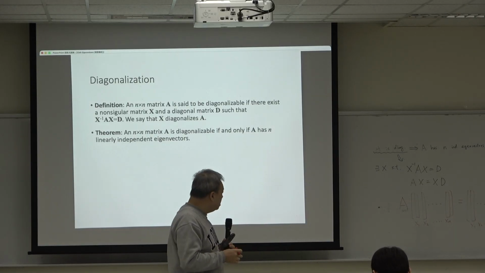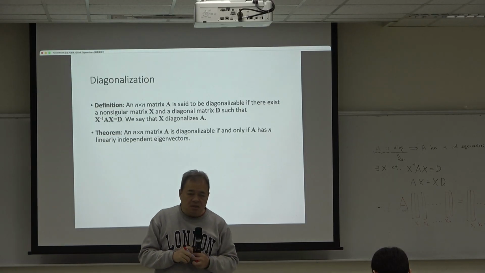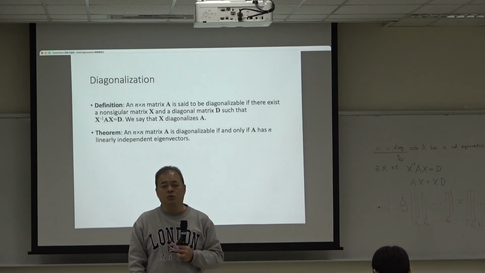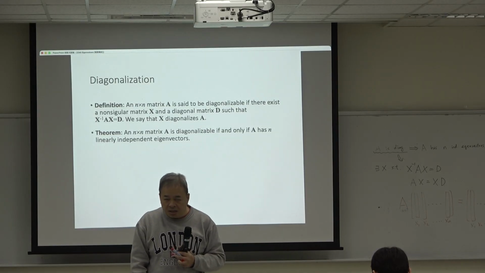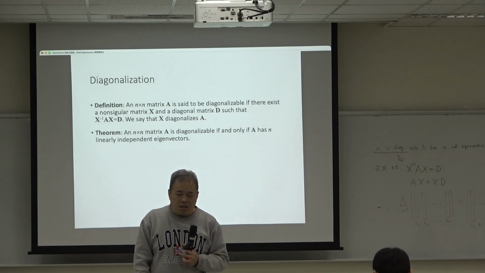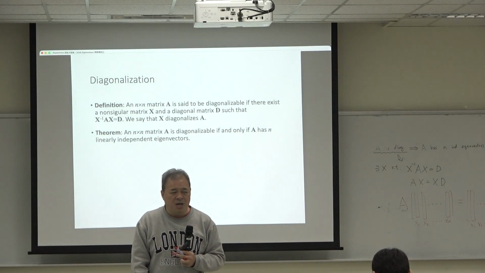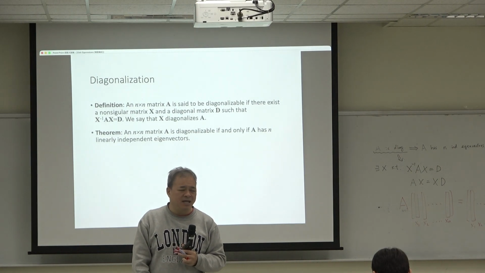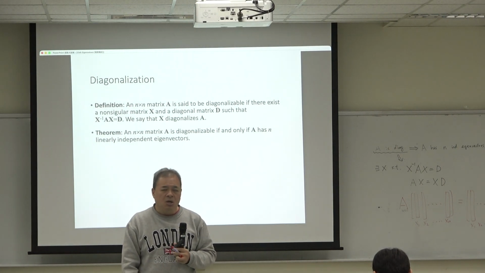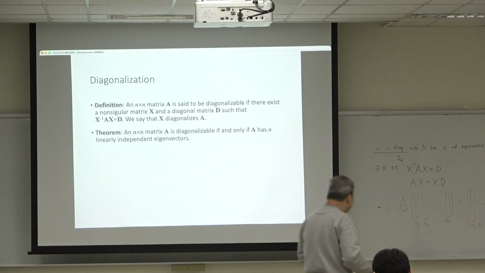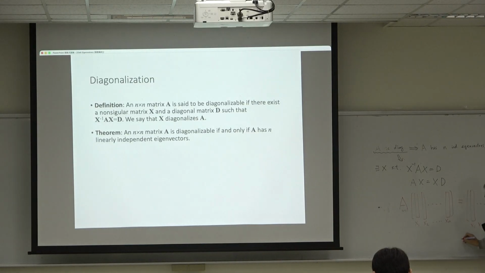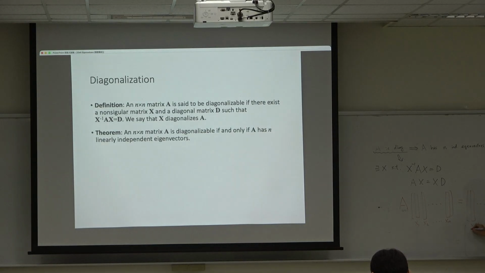Now, because you know how to do matrix multiplication, if you take a closer look at the right-hand side, when you multiply this X with that diagonal matrix D, the first column becomes D1 times X1.